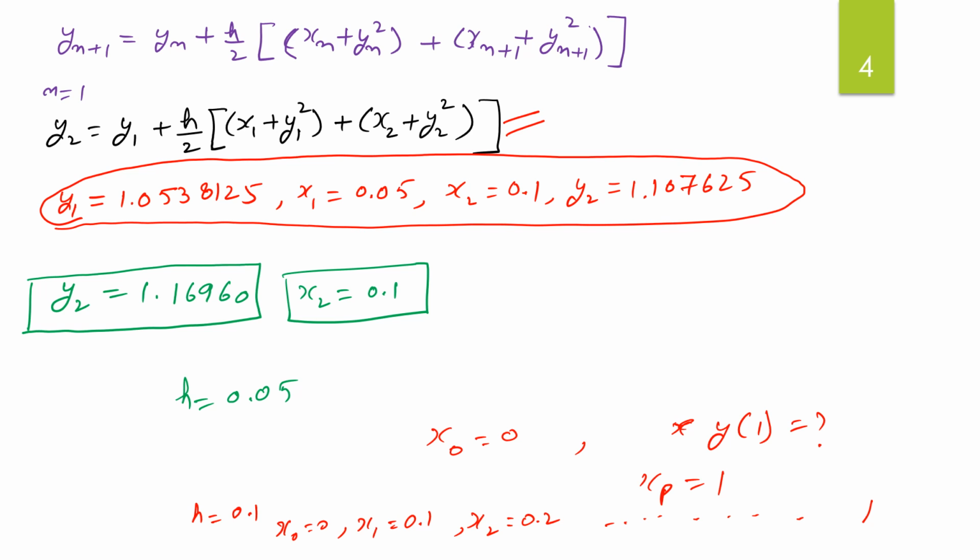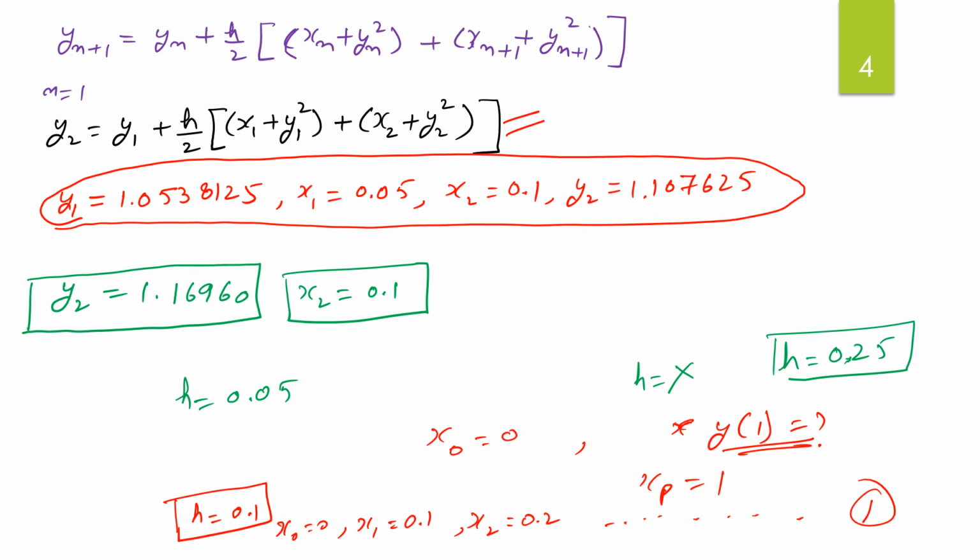That means we have to calculate these terms 10 times. As h is reduced, your solution is more accurate. But because we are doing it manually, you have to take h sufficiently small that you can easily calculate. Suppose h is not given in the question, then I will take h as 0.25, which is sufficient for calculation.